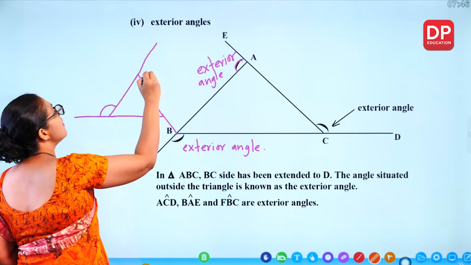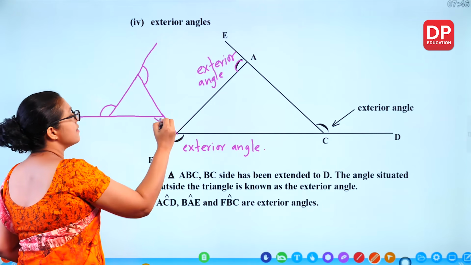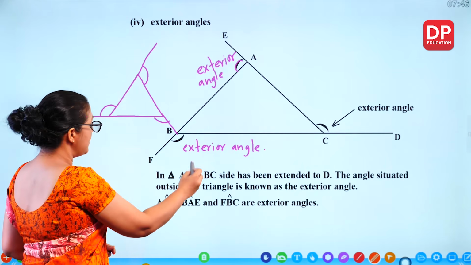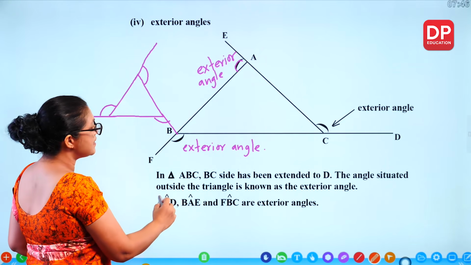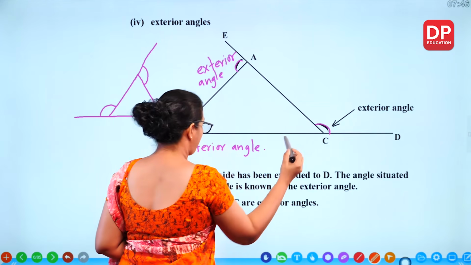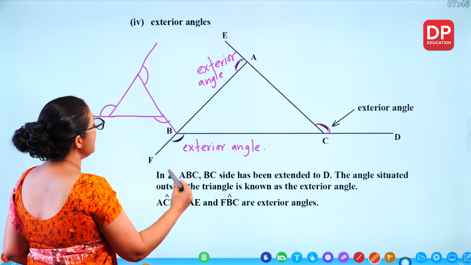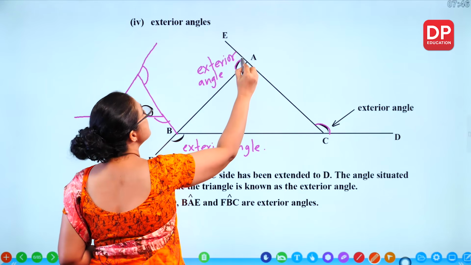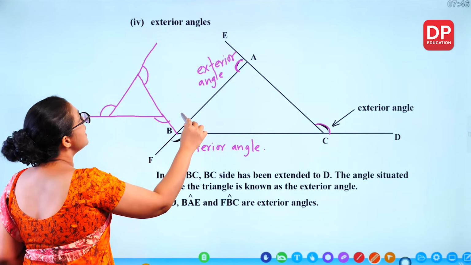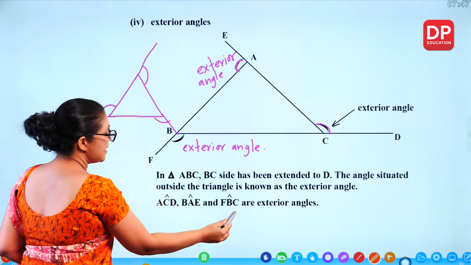This one and this one. So how do you label the exterior angles? ACD, ACD is this one. BAE, BAE is this angle, and FBC, FBC is this angle.